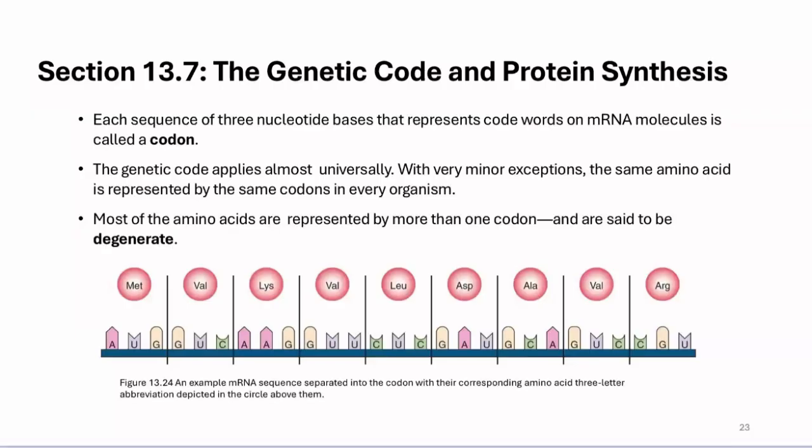So these three nucleotide bases that represent the code words that are going to bring amino acids in is what is known as a codon. When it comes to the amino acids, because these three-letter codes or codons can represent more than one amino acid, it is said that the genetic code is degenerate.